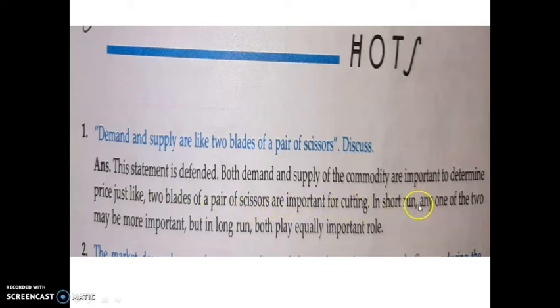In the short run, any one of the two may be more important, but in the long run, both play an equally important role. As with the blades of a pair of scissors, both blades are very important. So this statement is very true.